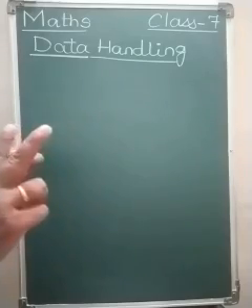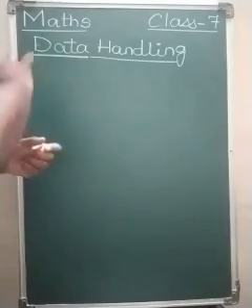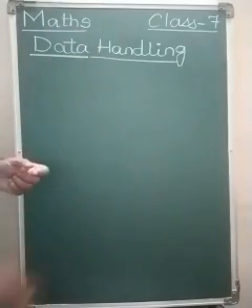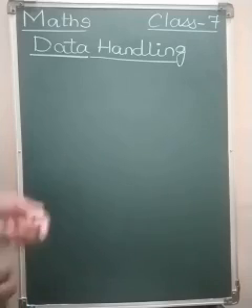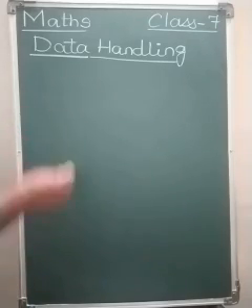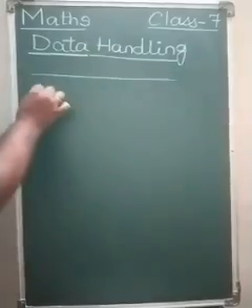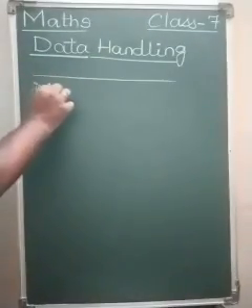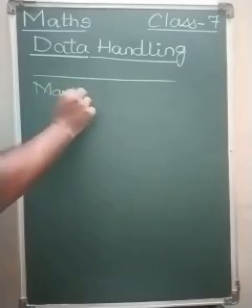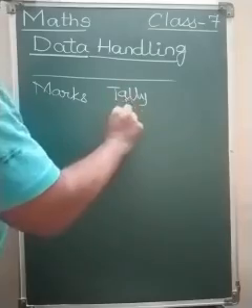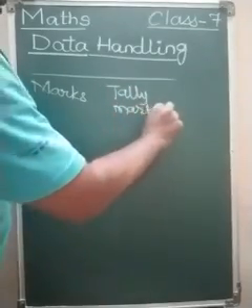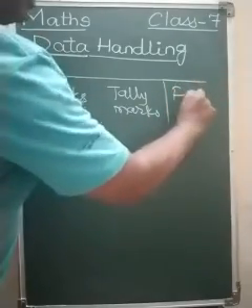And the second thing is that we have to organize the data in a tabular form. What is meant by organizing the data in tabular form? Last year you must have drawn some tables. Here suppose marks were there, then tally marks were there, and here frequency was there.